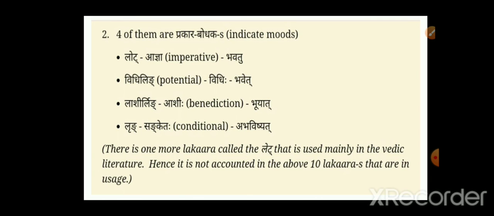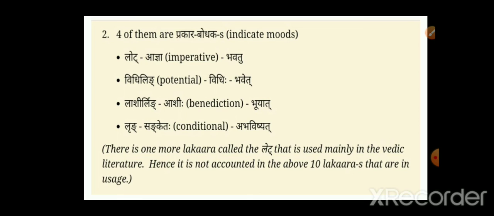The first one is lot, agnya, which is an imperative mood, and the second one is vidhilin, which indicates the potential mood, and the third mood is ashirlin. This is the benediction. As of now, you don't need to know much details of it.